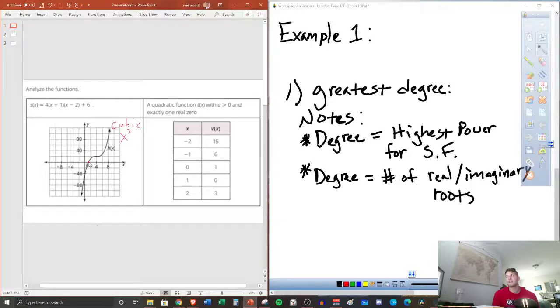And what we have here is one real root, and then this right here is that idea of a multiplicity. But since it's out over the x-axis and it just crosses once, this has a multiplicity of 2 right here. So there's 2 imaginary roots, 1 real root. So the degree of this one is 3. Okay.